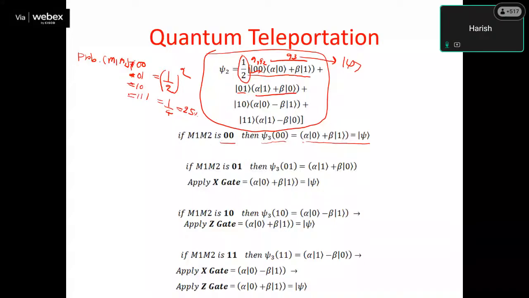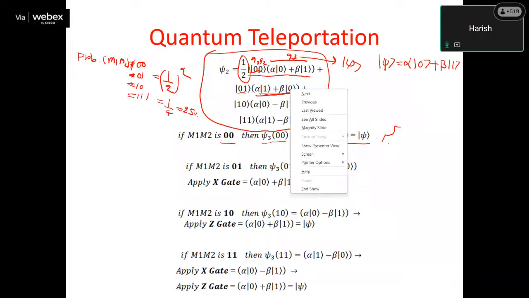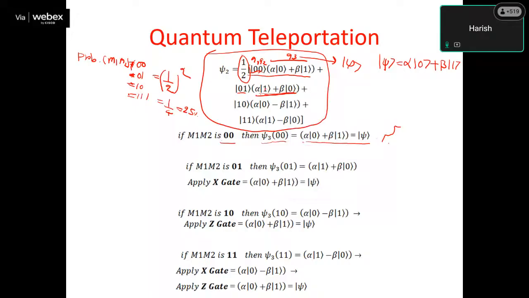Remember, psi is alpha times 0 plus beta times 1. So see here, if I observe q1 and q2 as 0 1, then I am not having psi here. What I am having is alpha times 1 plus beta times 0. Suppose I change these coefficients 1 and 0 to 0 and 1, then I will have psi.